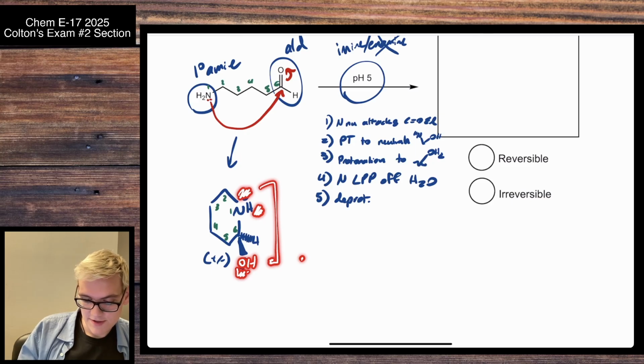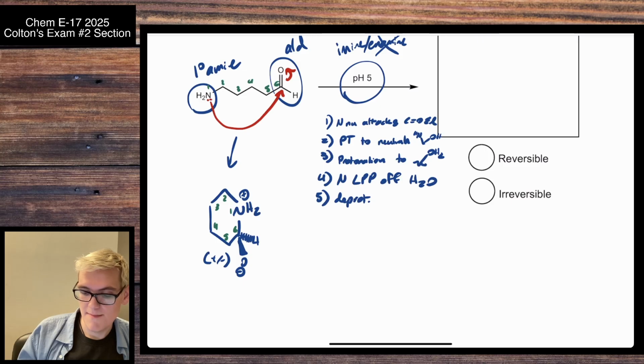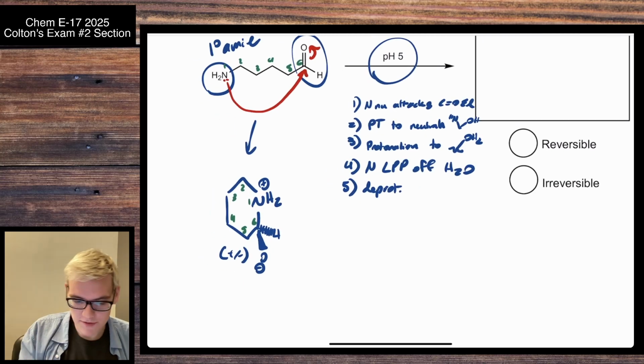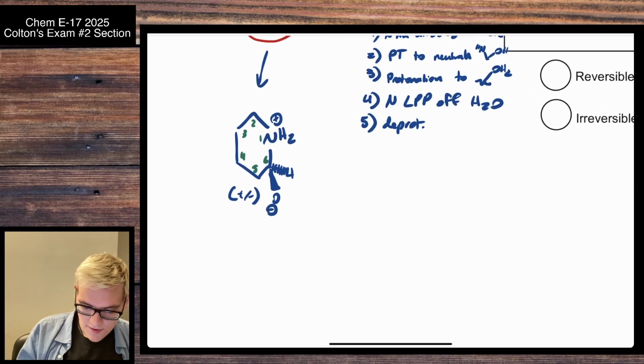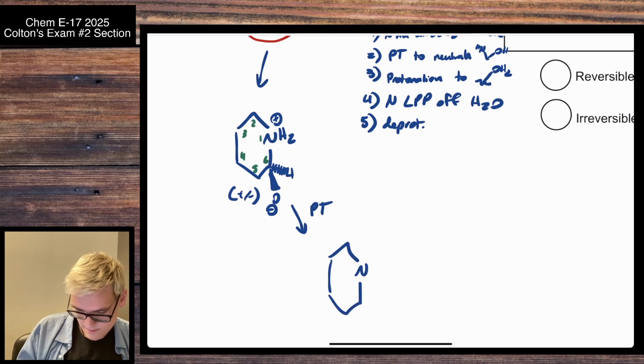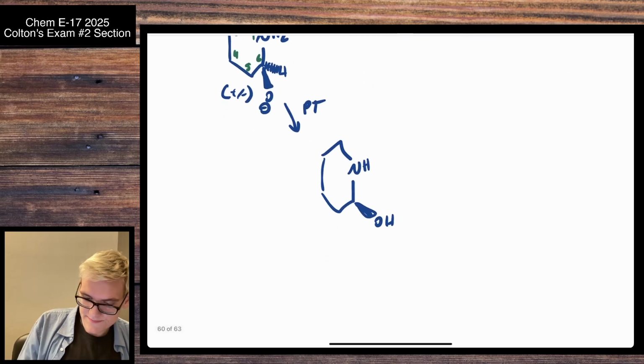And then after that, we do a protonation here, and then we have our water leaving group. So the order that you do does not matter for these. They're both showing the same thing. So I will do my proton transfer. And remember, I don't have to actually draw out that hydrogen, because organic chemists are lazy.